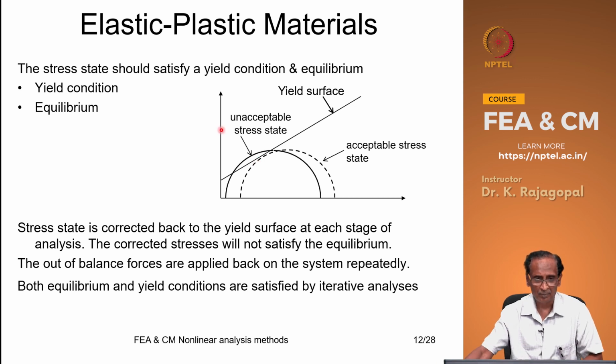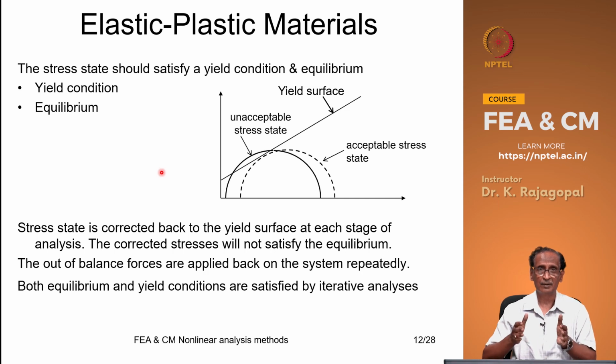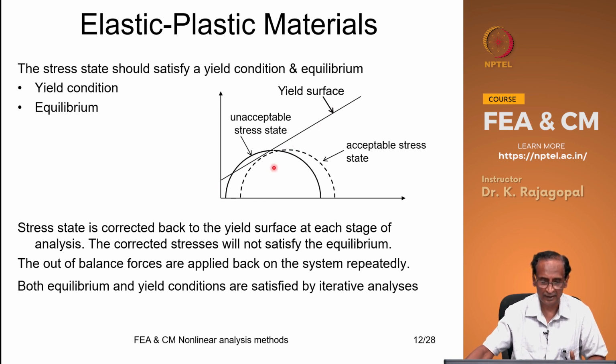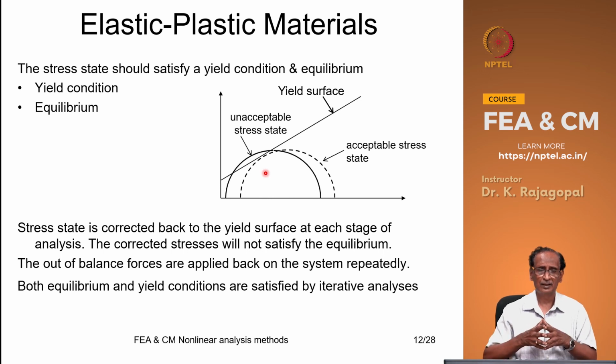So in this class of problems, we need to satisfy not only the equilibrium, but also certain given yield condition. The yield condition, the simplest one, is our Mohr Coulomb yield condition with this yield surface in terms of the C and phi. And so it is not easy satisfying both the yield that is based on the strength of the material and also the equilibrium.